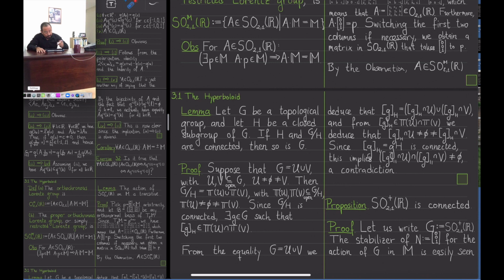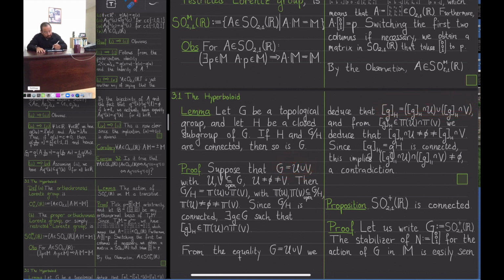I'm sorry, first, this of course means that this subset of G is the union of the part of the subset that belongs to U and the part of the subset that belongs to V. Right? So this is obvious from this.